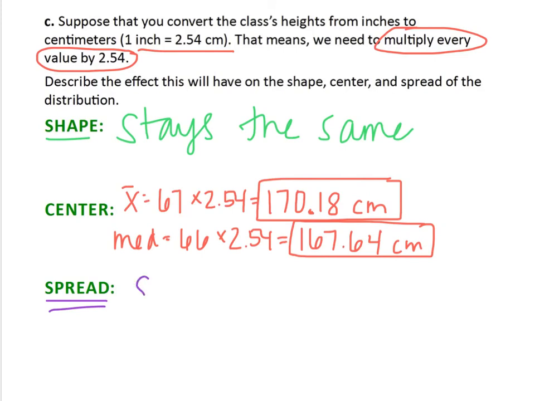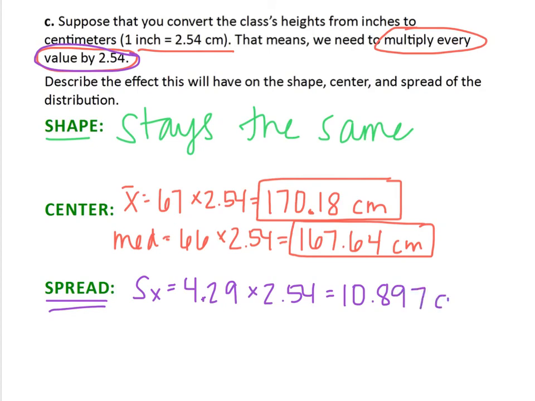The standard deviation was 4.29. It's going to get multiplied by 2.54, spreading out the same amount as my multiple, and that gives me 10.897 centimeters as my standard deviation.